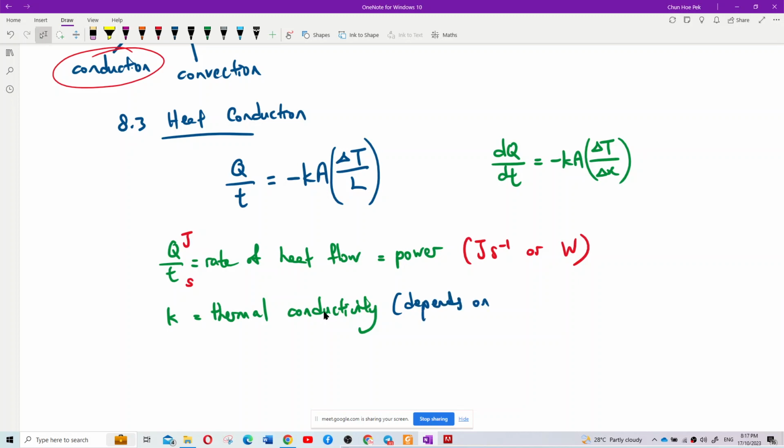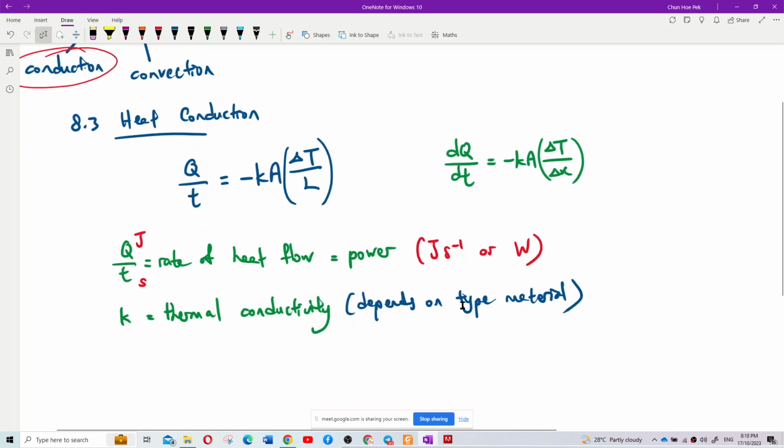Depends on material. Type of material. Remember what kind of quantity in 8.1 or 8.2 depends on material?